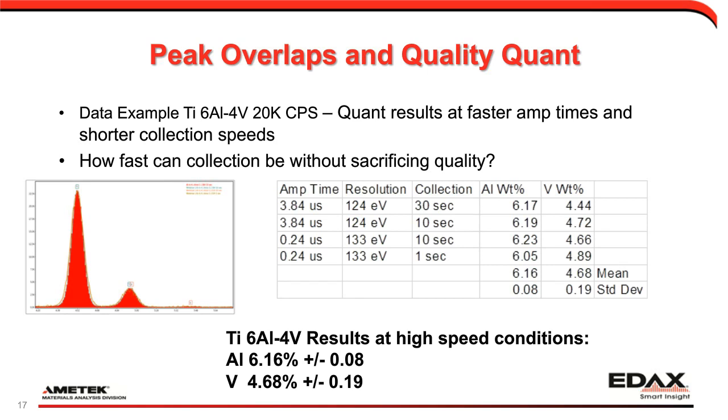As we get to the quicker collection of 1 second, that's the first data point that goes outside of the target value acceptability. But that is 1 second collection time for a minor element overlapping. So if you wanted to stick to the 1 second, what you might also do is increase your count rate and still assure the same data quality for that challenging vanadium overlap quantitative analysis.